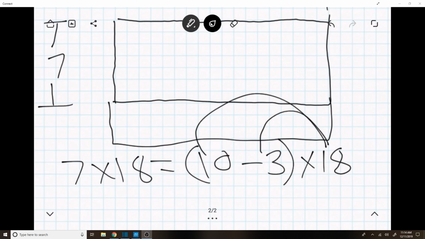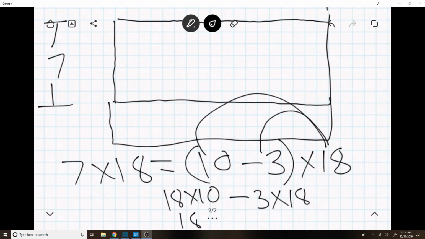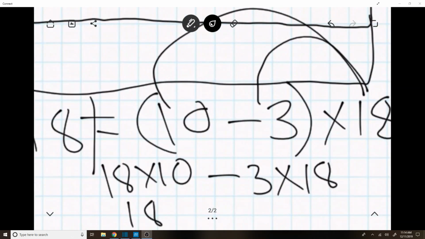So if we have 18 times 10, that's the first one, minus, because remember we want to get rid of this whole chunk here, 3 times 18. Then we would have the 180. This is being kind of tricky now because we're on the bottom of the page. We got the 180 minus the 54. And that would give us our 126.